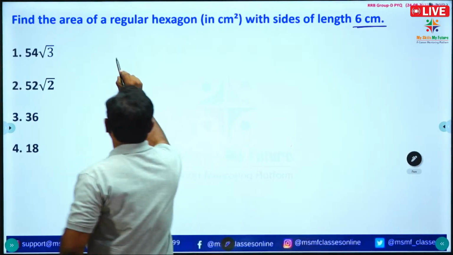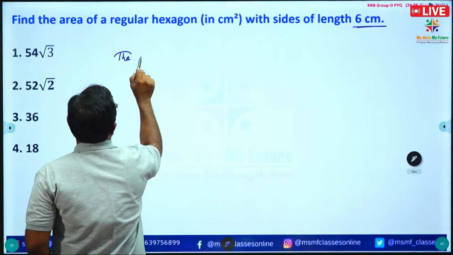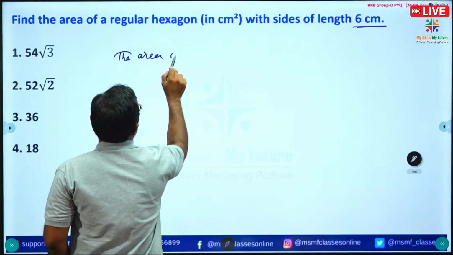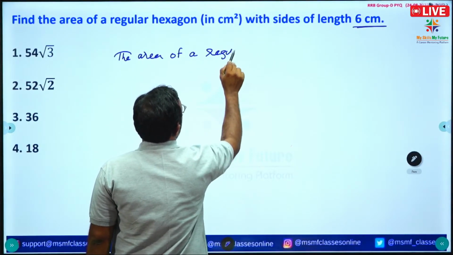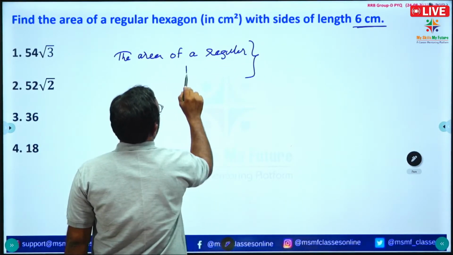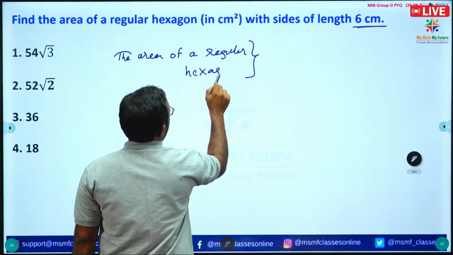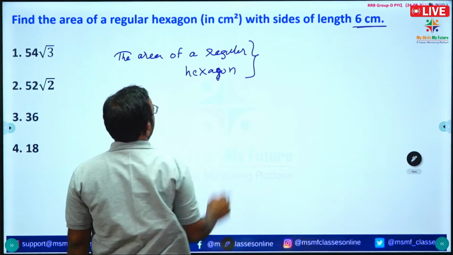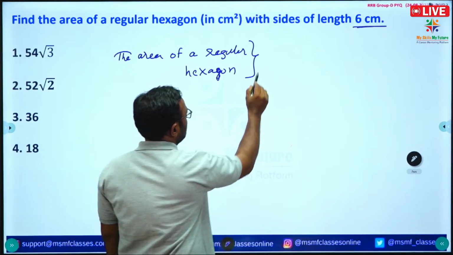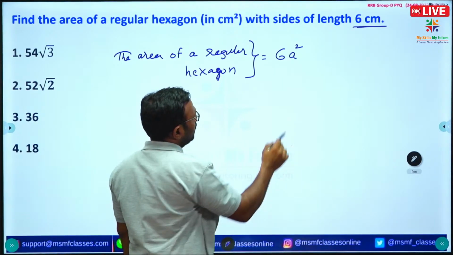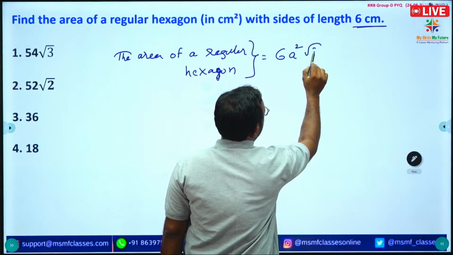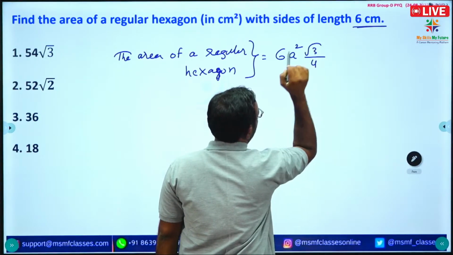So here one question is given, find the area of a regular hexagon. The area of a regular hexagon is 6 into side square into root 3 by 4.